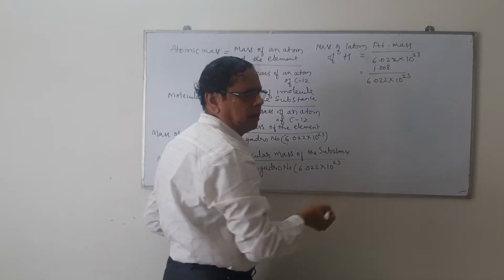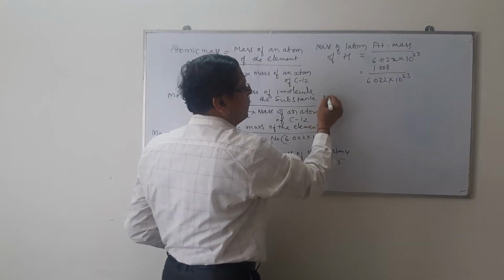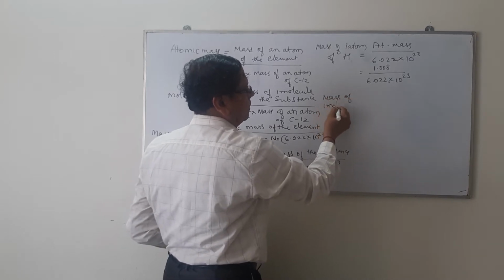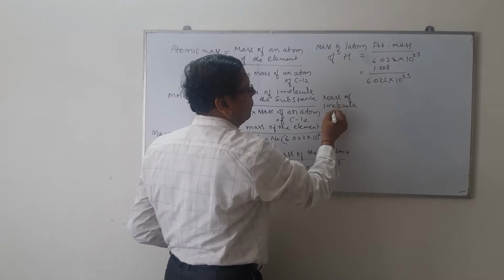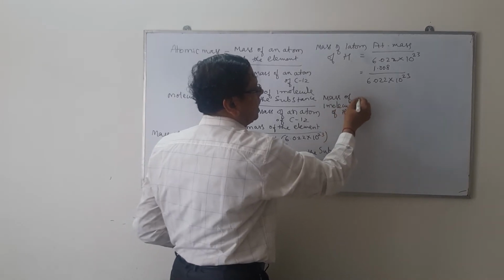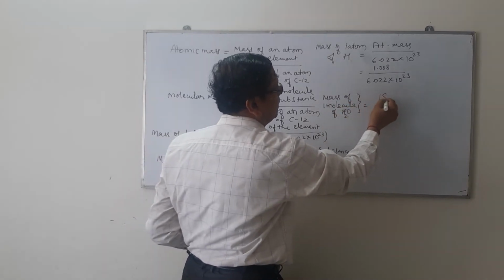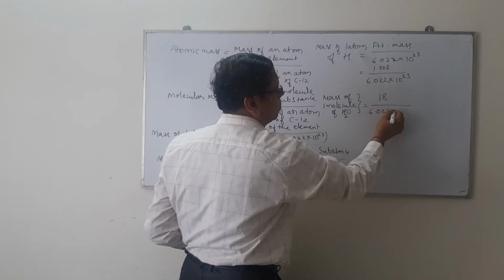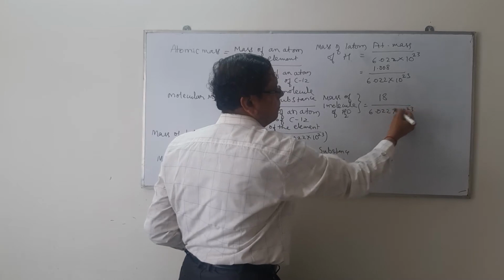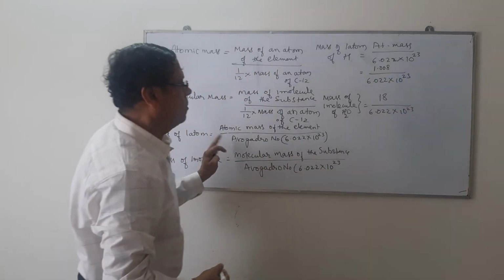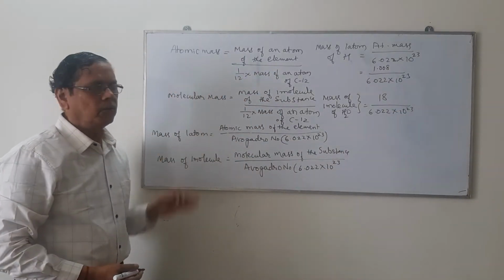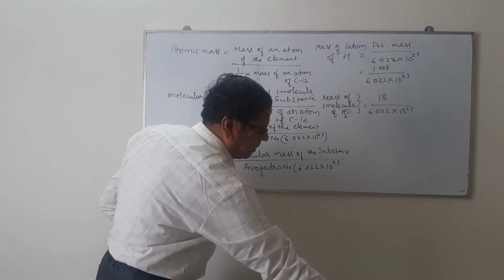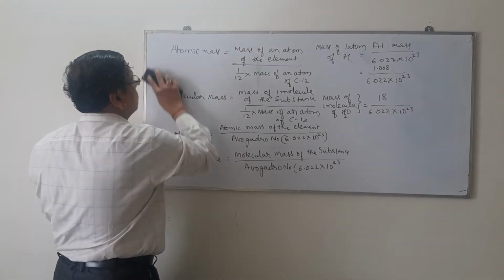It's a very, very small number. Similarly, the mass of one molecule of water is 18, that is the molecular mass, divided by 6.022 times 10 to the power 23. That is how we can calculate the mass of one atom of hydrogen or oxygen or one molecule of hydrogen, etc.